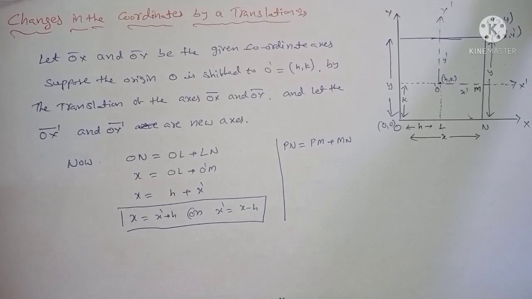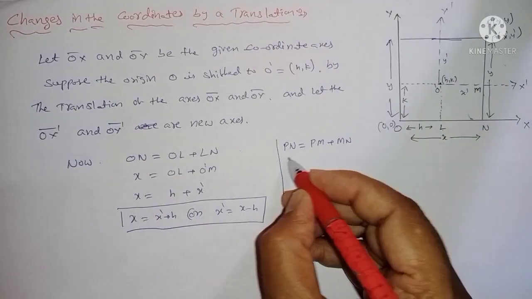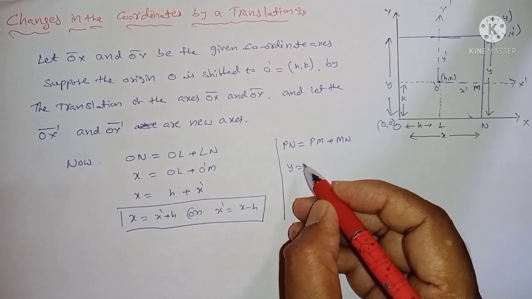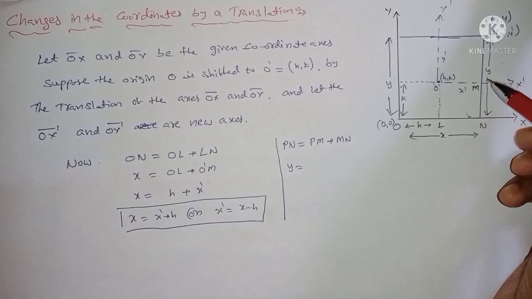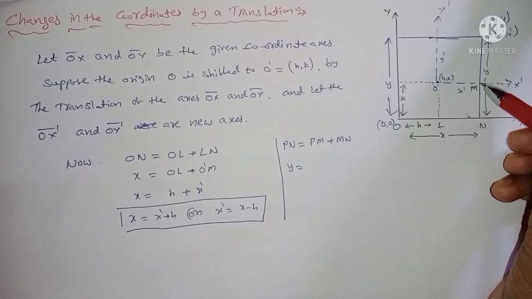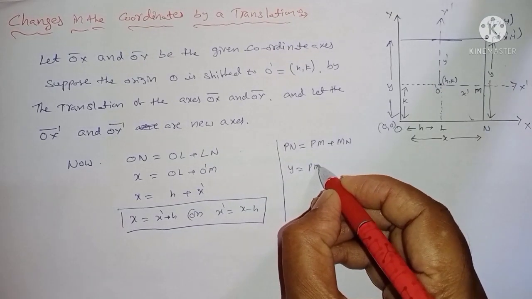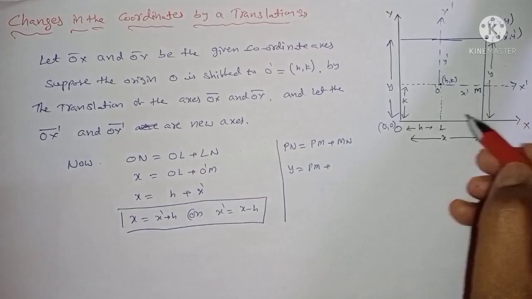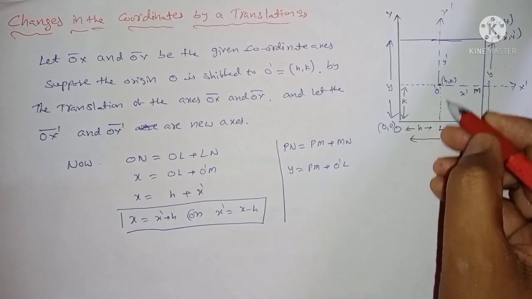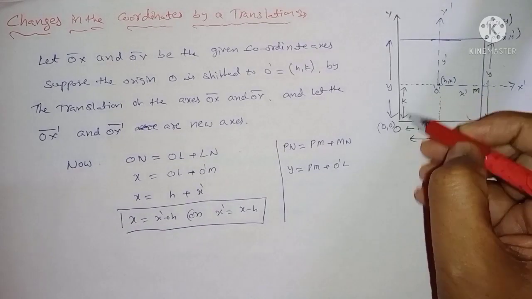Pn is nothing but y, pm is y dash, and mn is nothing but O dash l, which is only k.